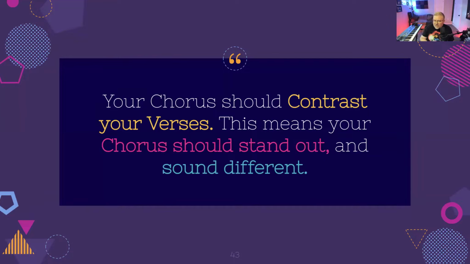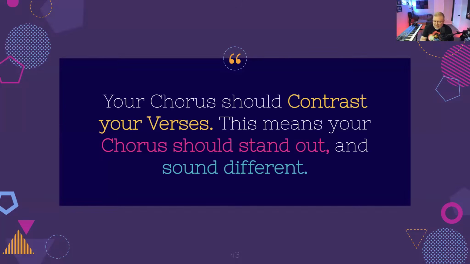A lot of times I hear people saying, I want to know how I make my chorus and my verse lead into each other, or I want to know how to make them match. And you really don't want them to sound too similar to each other, because you will bore the listener, because the listener wants to go on this dynamic journey through the song. So what you really should aim for is each section having its own sort of identity.